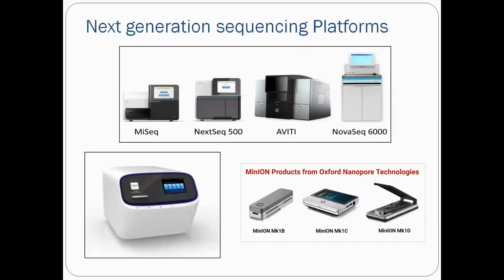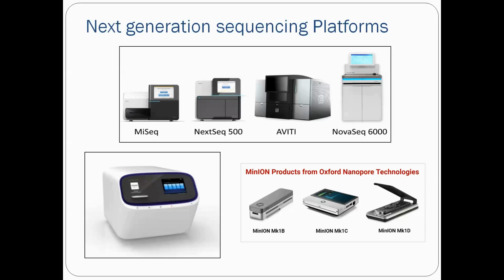The next generation sequencing platforms which are available currently and are largely used in research institutions or in clinical diagnostic labs are, for example, Illumina. Illumina is a key player when it comes to next generation sequencing platforms, and from time to time it has upgraded its versions. Initially we had MiSeq, HiSeq, and now we have NovaSeq 6000, and the latest is the X series.